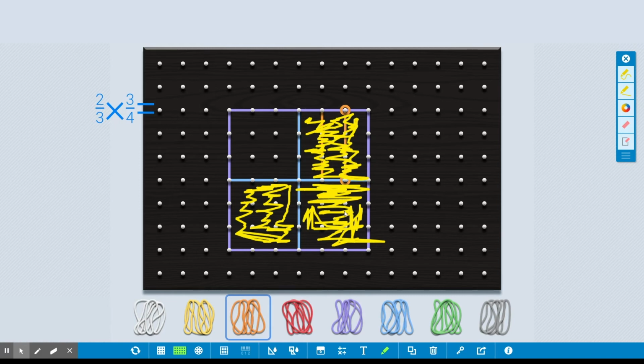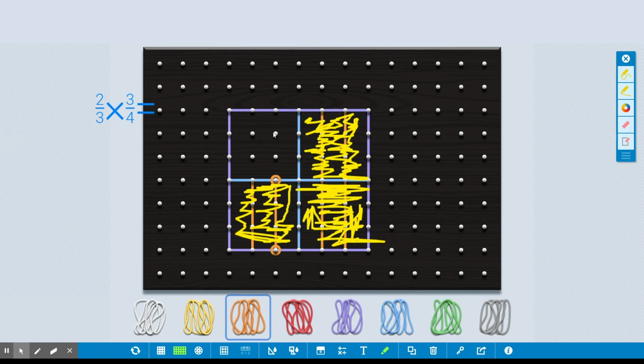I'm going to do that for the next fourth down here. I'm just going to extend my same rubber bands to split the next fourth into thirds. So I have 1, 2, 3 parts. And I'm going to do that over here for my third fourth. Yep, 1, 2, 3 parts.